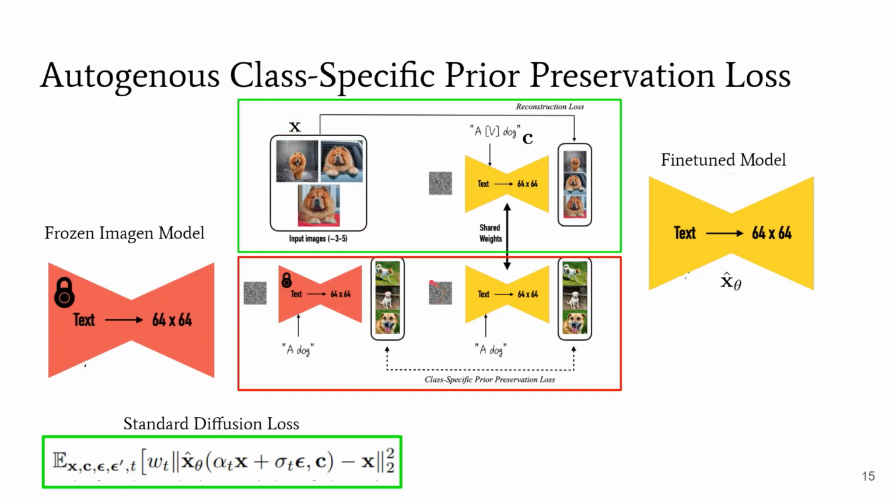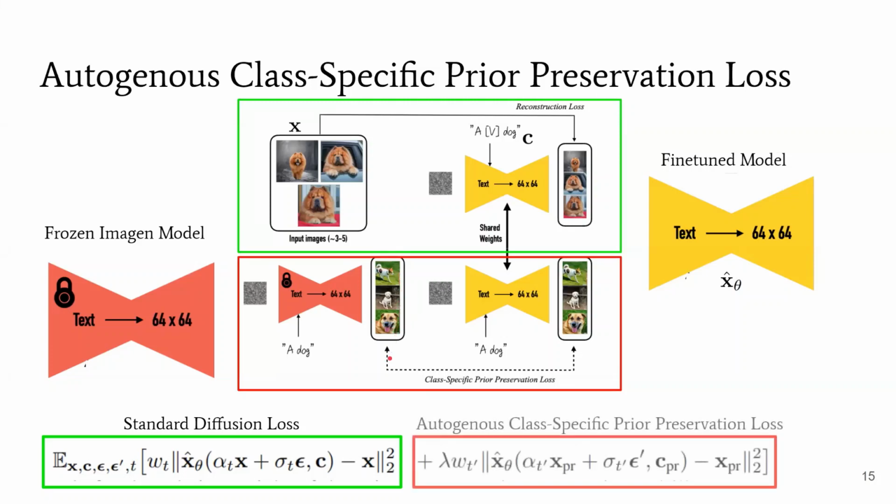What we do now is we take another noise map, and this time we prompt our fine-tuned model. So this is the model we are trying to fine-tune, and we ask it to generate a dog as well. So what we would expect is that because this is an Imagen model, we're fine-tuning it, it's already pre-trained, it should still be able to generate high-fidelity, high-resolution images of dogs. And the way that we supervise this is exactly the same as standard diffusion loss. You'll notice that this term in green and this term in red are exactly the same.